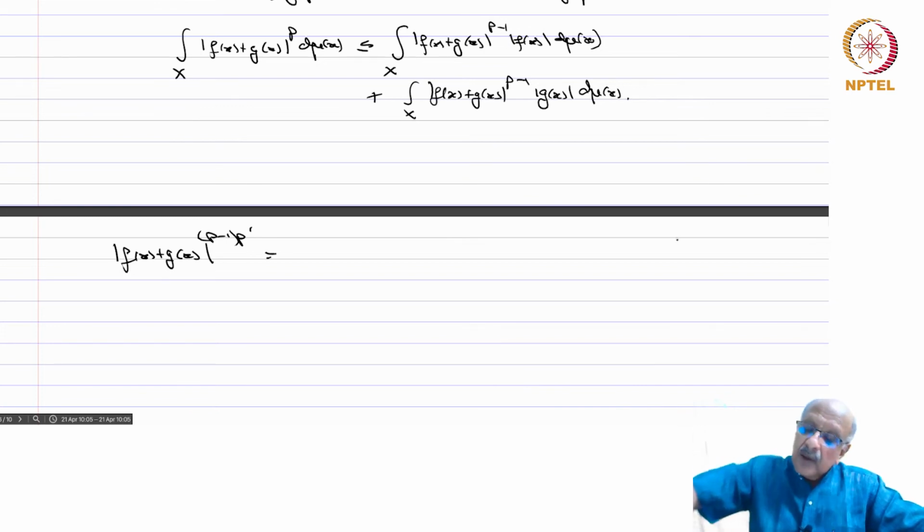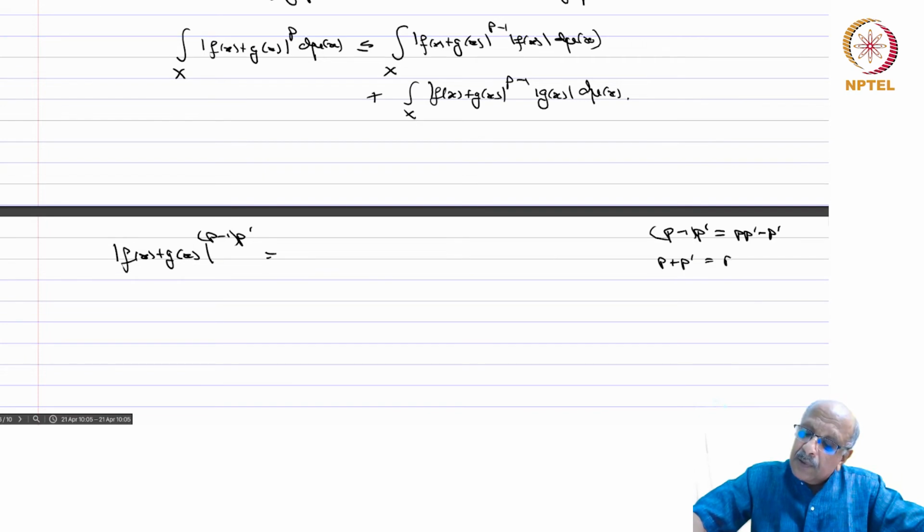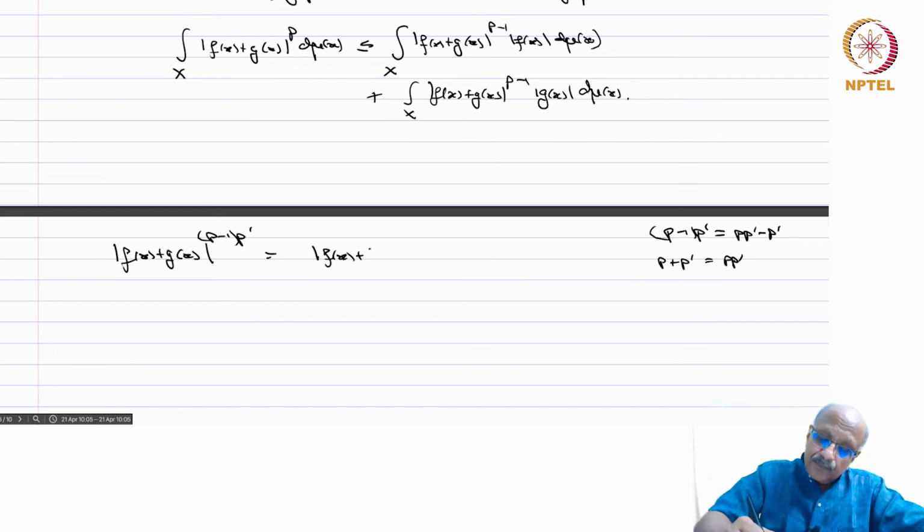But p-1 times p' is nothing but p' minus p' over p... since 1/p plus 1/p' equals 1, p'(p-1) is p, and therefore this is equal to |f(x)+g(x)|^p, and that is integrable.